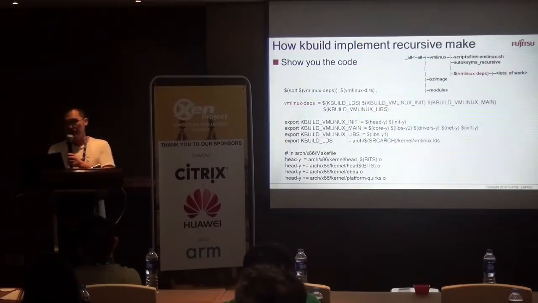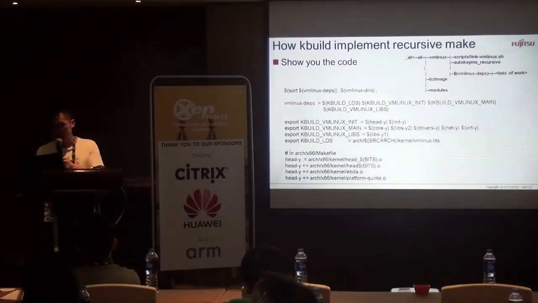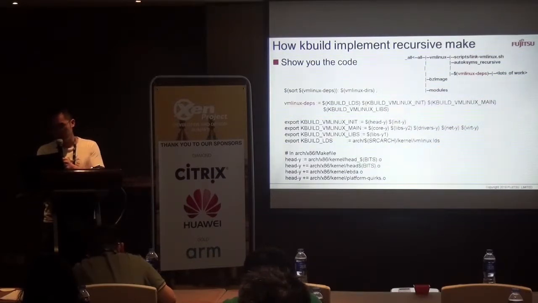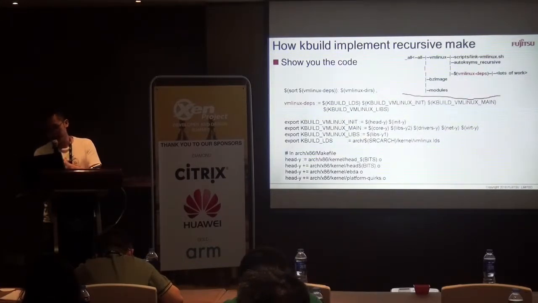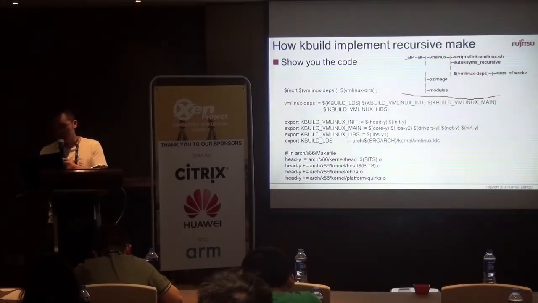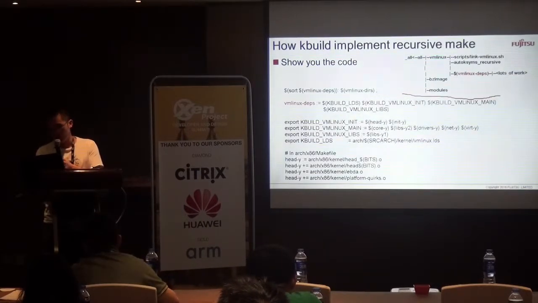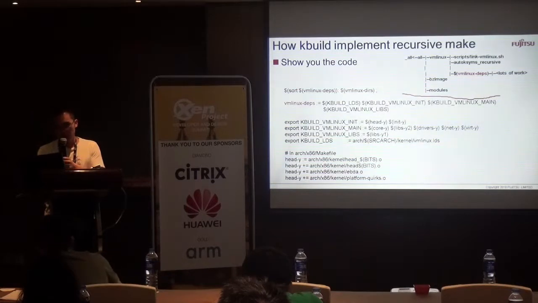Makefile actually constructs a dependency chain or tree from a certain view. Like this picture I drew, it is a dependency tree, actually, I think. Now let's go and see the code to understand how the vmlinux is produced.